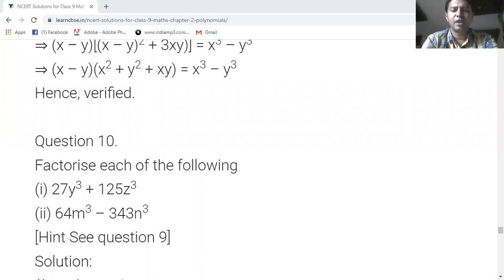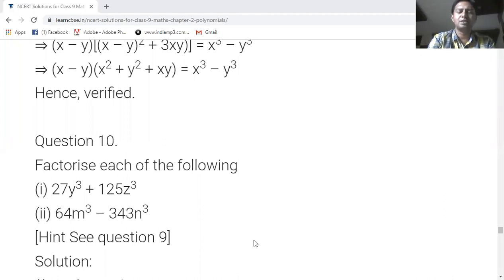This 27y cube is 3y whole cube and 125z cube is 5z whole cube. So 27y cube is nothing but (3y) whole cube and 125z cube is nothing but (5z) whole cube.